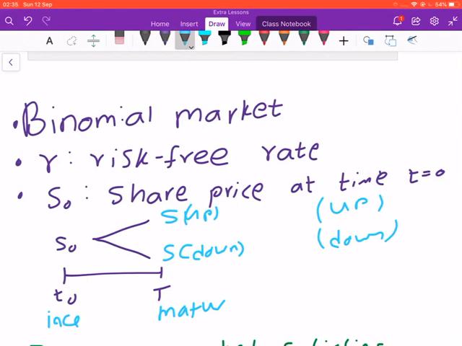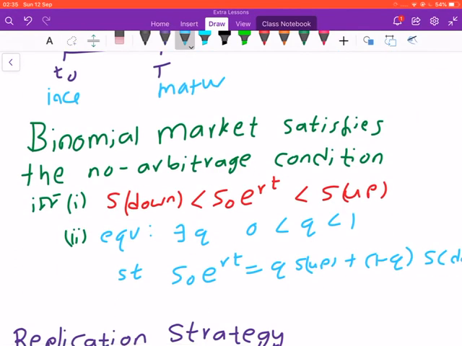So we say that this market satisfies a no-arbitrage condition if S down is going to be less than the price of the share at inception compounded to maturity.